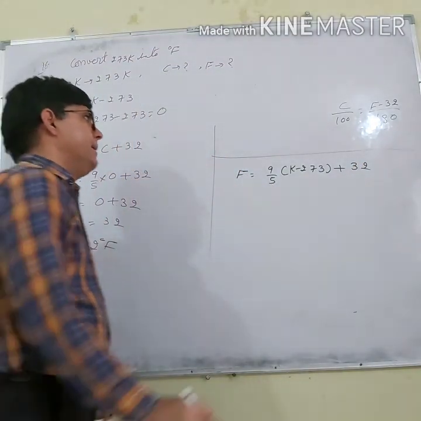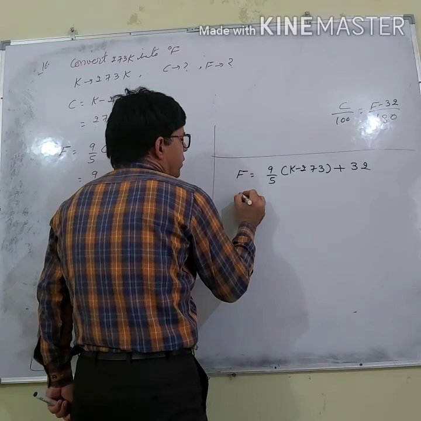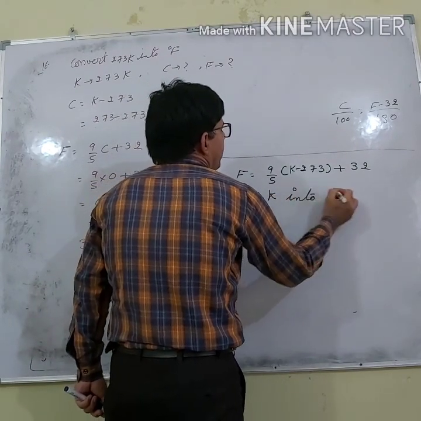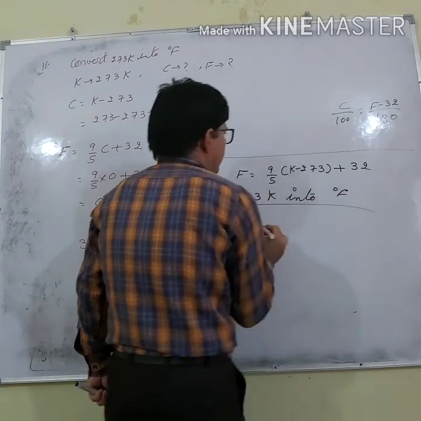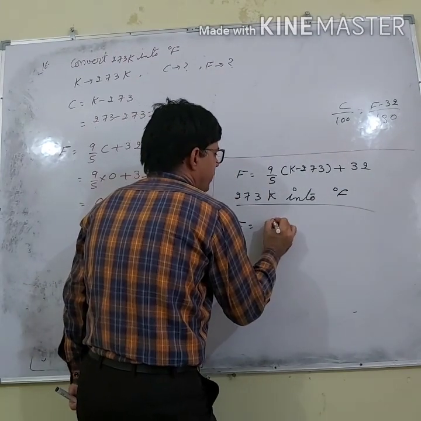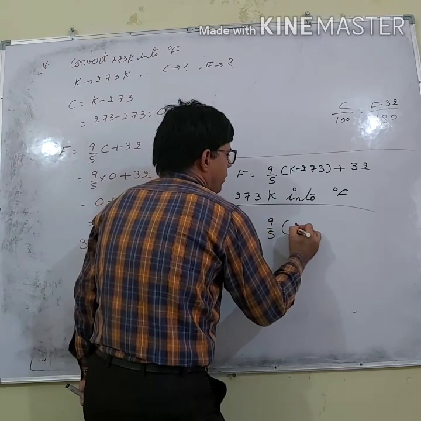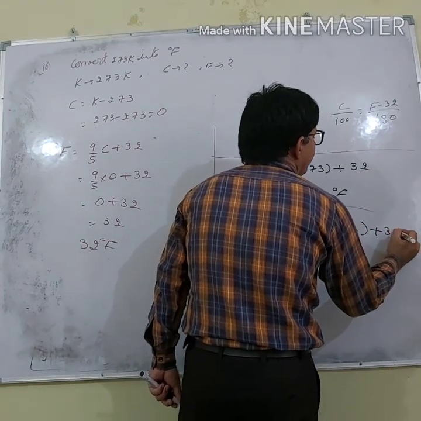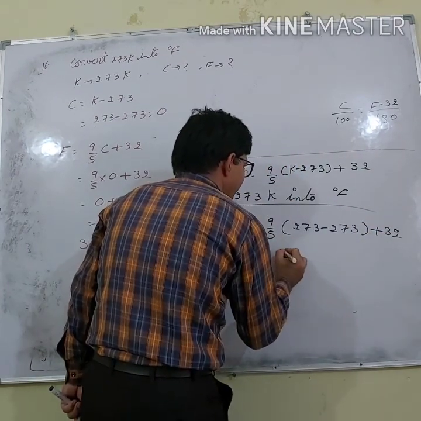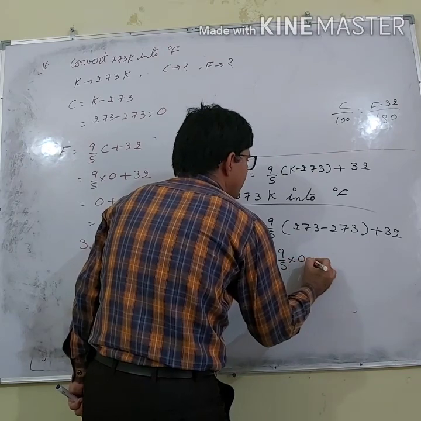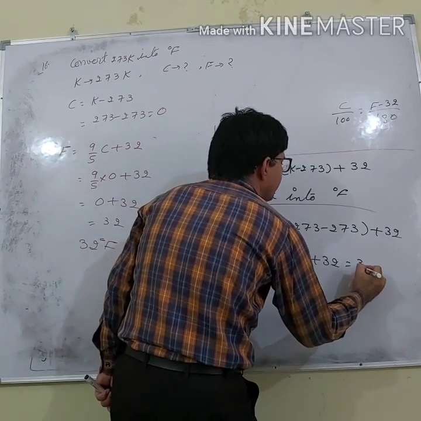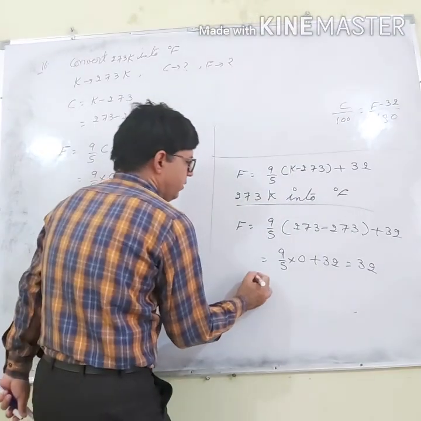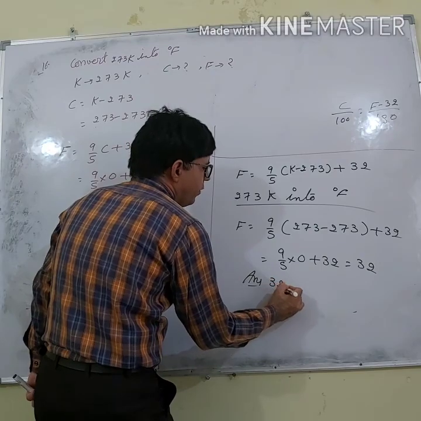Now 273 Kelvin into degrees Fahrenheit. So here F is 9 by 5 times 273 minus 273, plus 32. So 9 by 5 times 0, plus 32, answer is 32. So both the answers are the same. This is up to you, whatever formula you want to use.